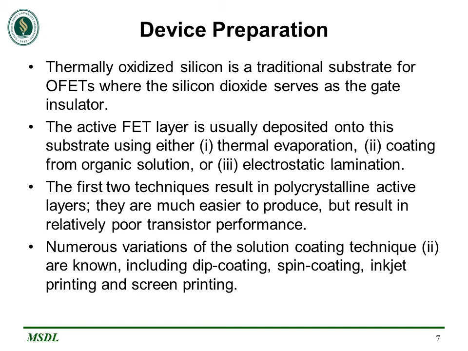The active field effect transistor layer is usually deposited on a substrate by thermal evaporation or coating from a organic solution or electrostatic lamination. Thermal evaporation and coating techniques result in polycrystalline active layers as they are easier to produce, but they result in relatively poor transistor performance.